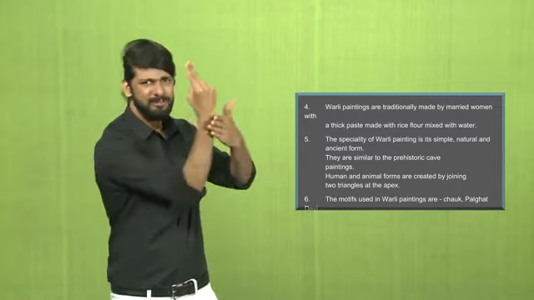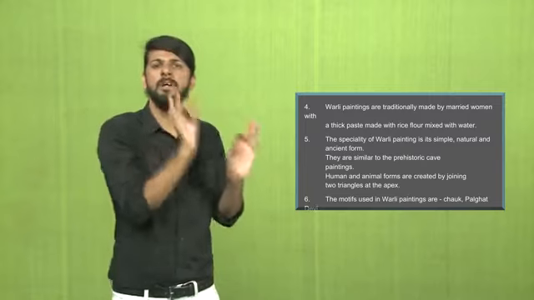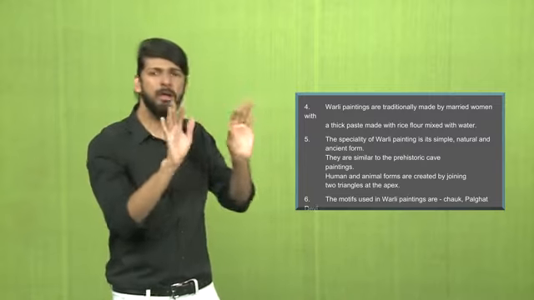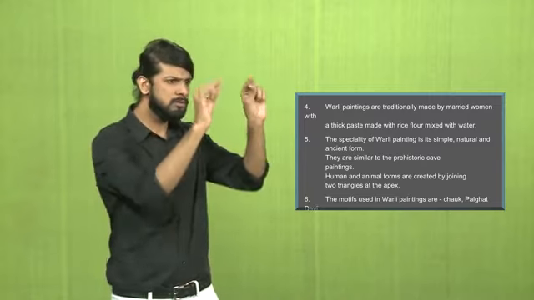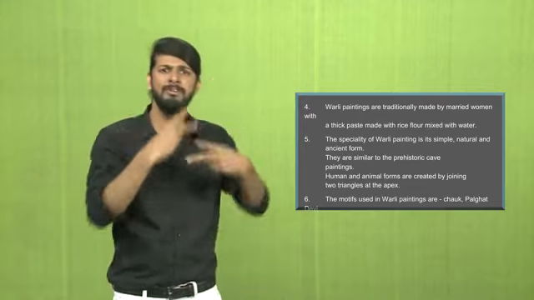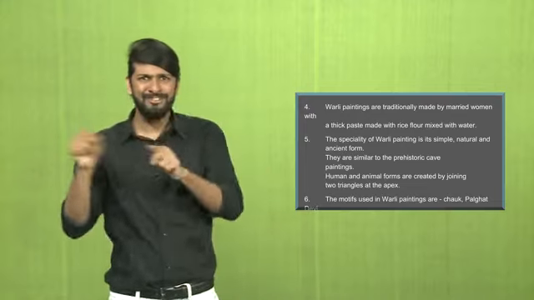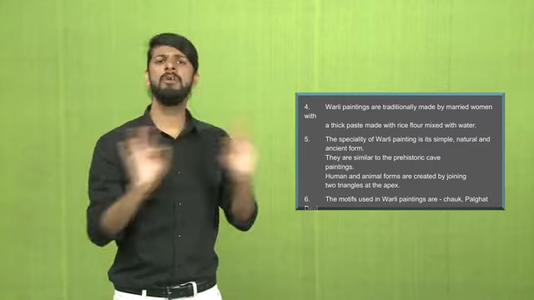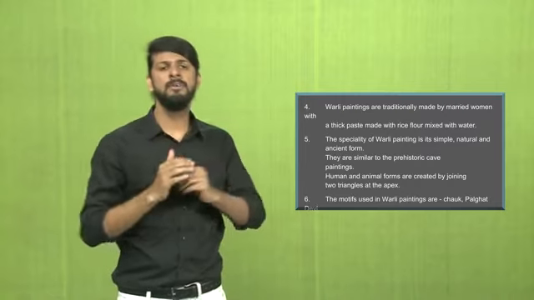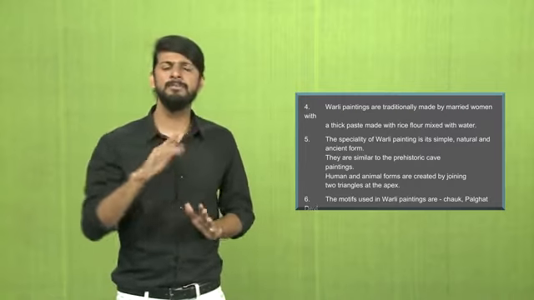The characteristics of Warli painting. First, the speciality, which is the simple, natural and ancient form. You would see that they would use only triangles with the prominent shapes to depict the human figures and the animal figures.